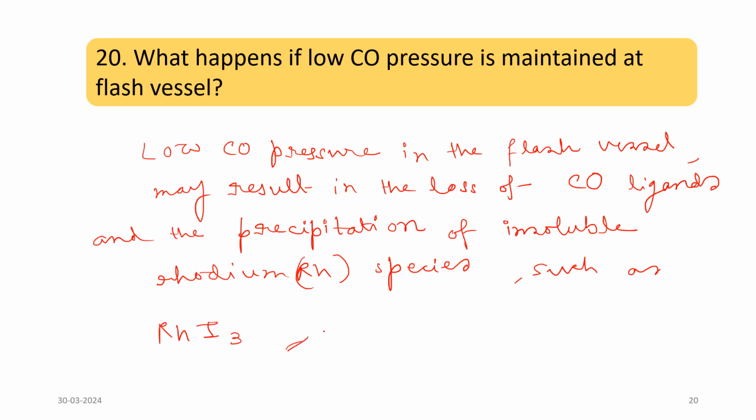That means at low carbon monoxide pressure, the rhodium-based catalyst will be decomposed and we will lose the CO ligands and the insoluble part of this RhI3 will precipitate. Okay, so that will decrease the effectiveness of the catalyst. That is why high pressure is maintained.